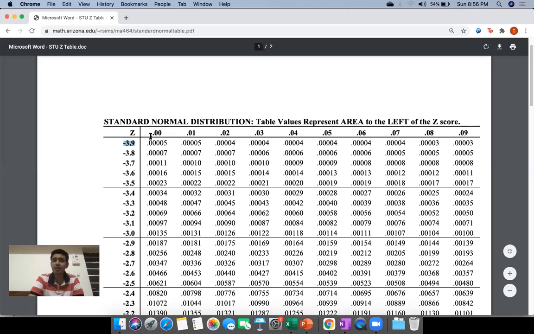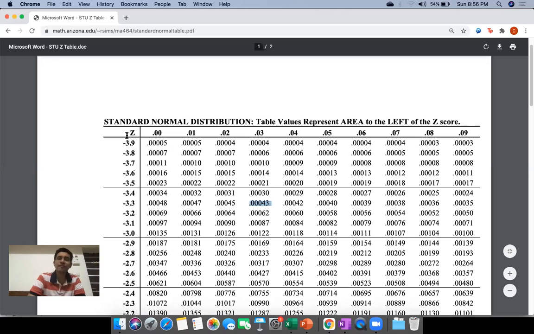The second decimal of Z is on the top row. So this particular cell needs to be read as corresponding to minus 3.91. This is minus 3.94, this is minus 3.96 and so on. For instance, this one is minus 3.33. That is how this cell needs to be referred to.